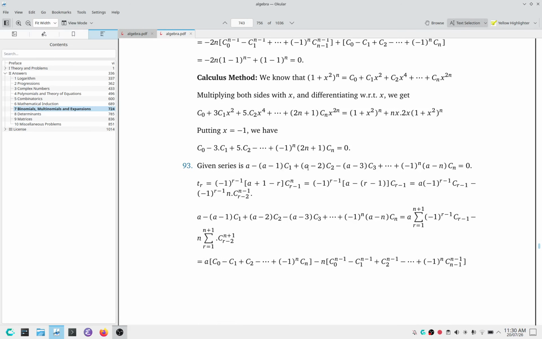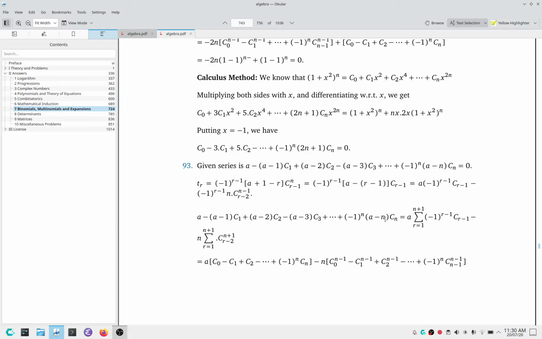So given series is this one, and we take the rth term is minus 1 to the power r minus 1, a plus 1 minus r times nc r minus 1, which is equal to minus 1 to the power r minus 1, a minus r minus 1 c r minus 1, which is equal to a times minus 1 to the power r minus 1 c r minus 1 minus 1 to the power r minus 1 n times n minus 1 c r minus 2.